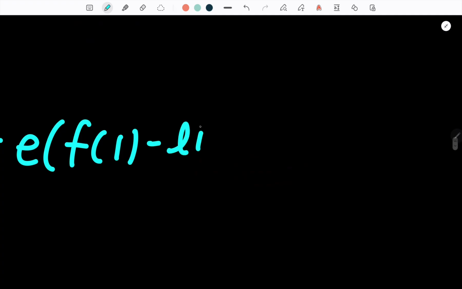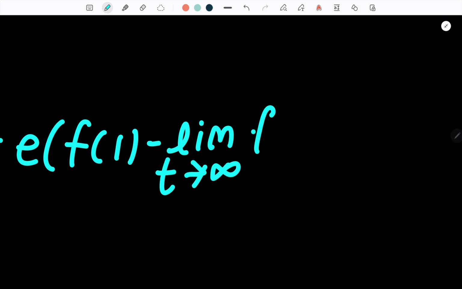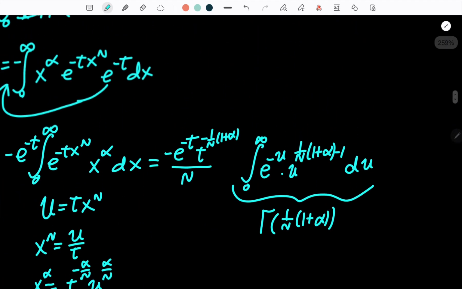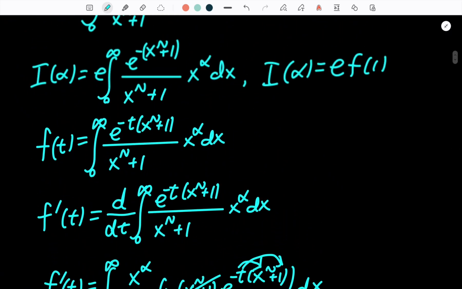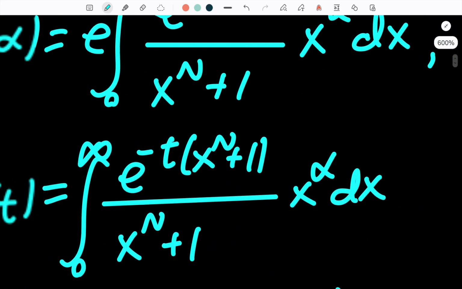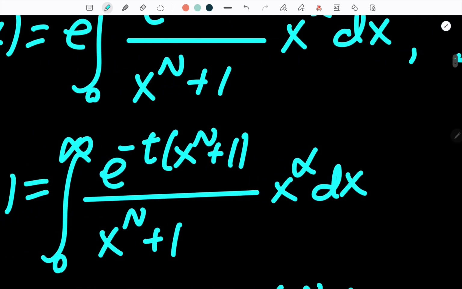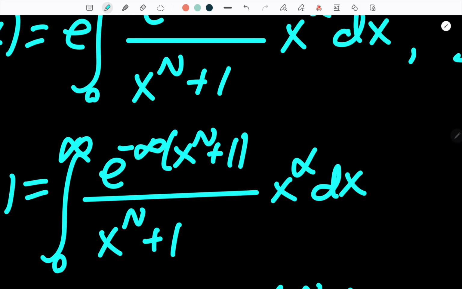Minus the limit as t goes to infinity of f of t. And if we go all the way back up to f of t, right here, and if we take the limit as this goes to infinity, of course, we're going to have like a negative infinity right here. Of course, we can't just put infinity right here because infinity isn't really a number, but just imagine we're taking the limit.